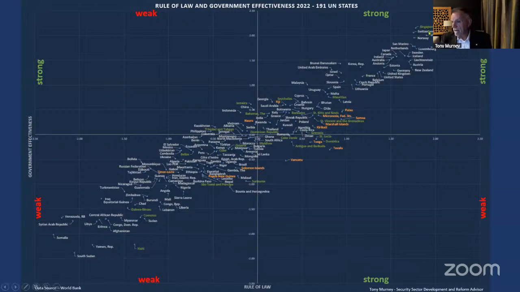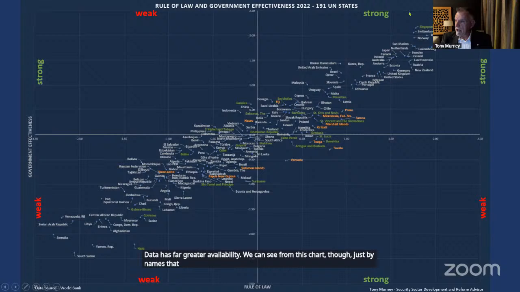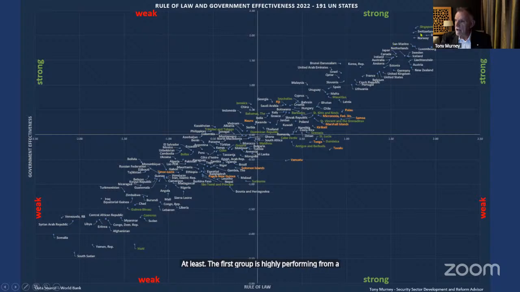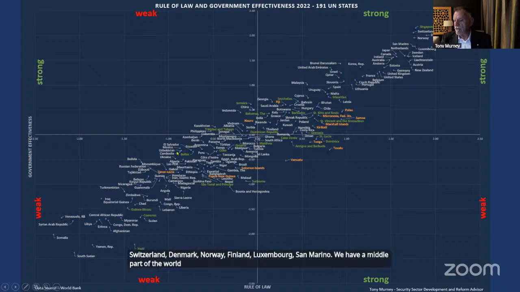We can see from this chart, though, just by names, that there are three groups of countries, at least. The first group is highly performing from a material point of view: Switzerland, Denmark, Norway, Finland, Luxembourg, San Marino. We have a middle part of the world down here, which is a really interesting, dynamic place to be.